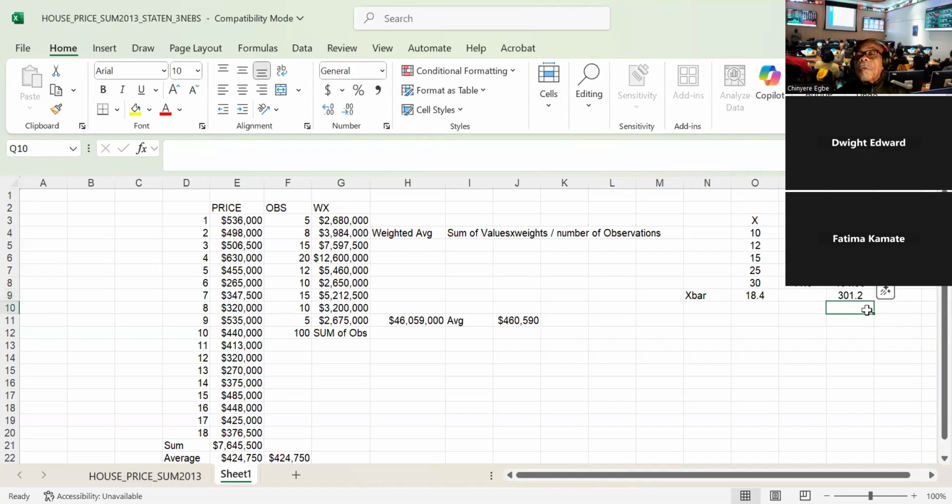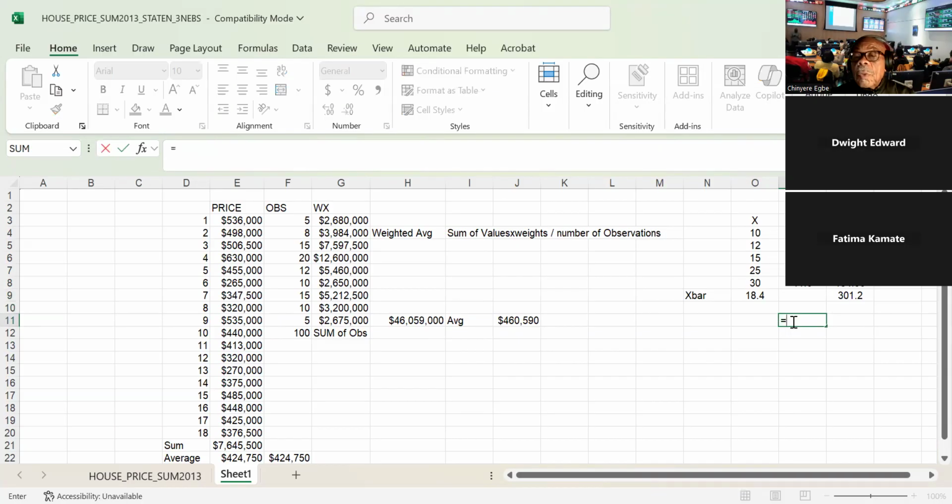The sum of the squared values is 301.2. Okay, the sum of the squared values, and then we divide the sum of the squared values by the number of observations, 1, 2, 3, 4, 5. There are 5 observations. So we divide.